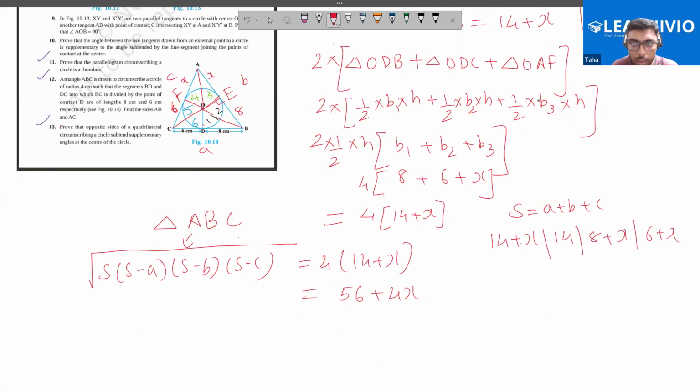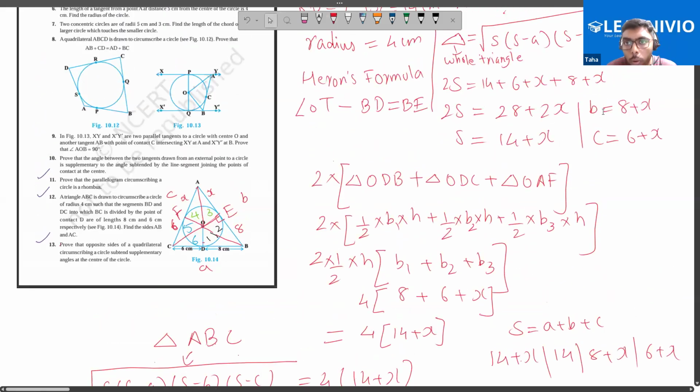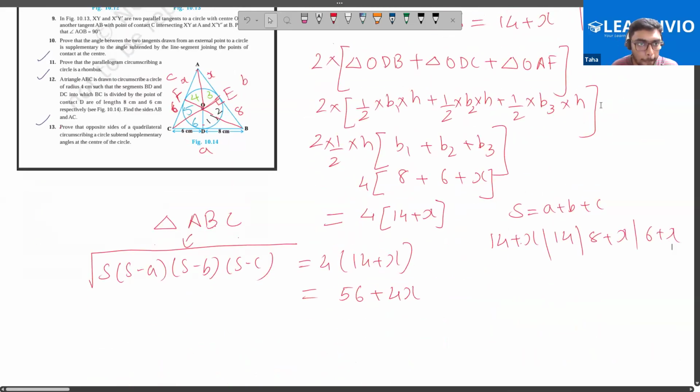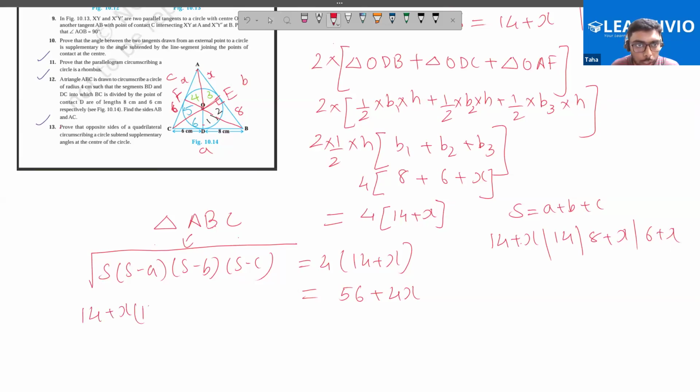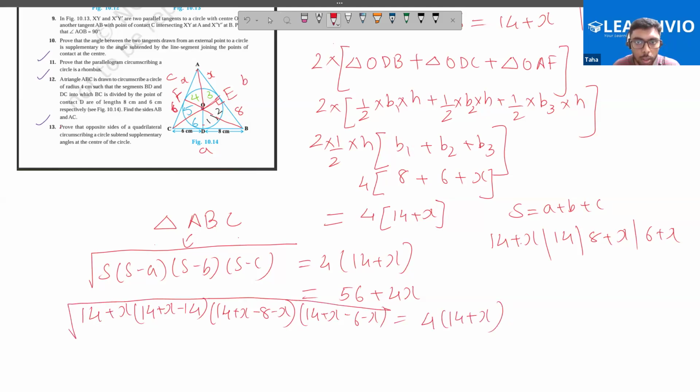So what was the value for S? 14 plus X. So this would be 14 plus X into 14 plus X minus 14 into 14 plus X minus 8 minus X into 14 plus X minus 6 minus X is equal to 4 into 14 plus X. And this would all be under root.